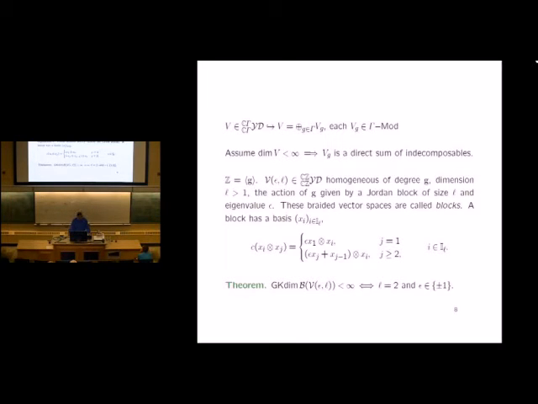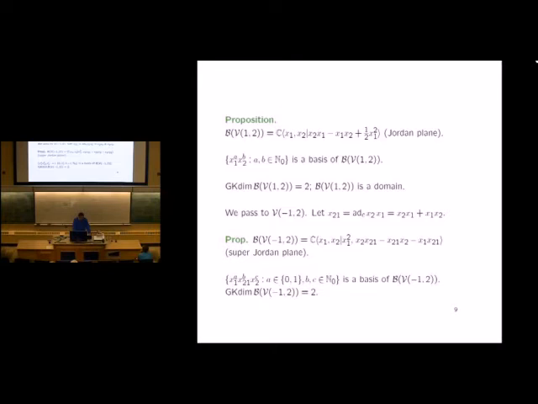So the first result is that the Gelfand-Kirillov dimension of a block is finite if and only if L is 2 and epsilon is either 1 or minus 1. I will explain a bit later how to prove this. And what are these two? So we have only two blocks, V(1,2) and V(-1,2). V(1,2), the Nichols algebra of this guy, is the Jordan plane, which appeared, as far as I remember, in a paper by Gurevich more than 30 years ago.